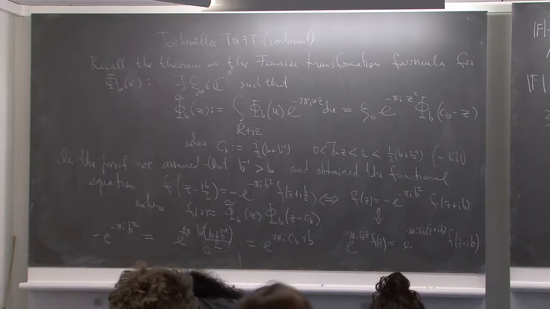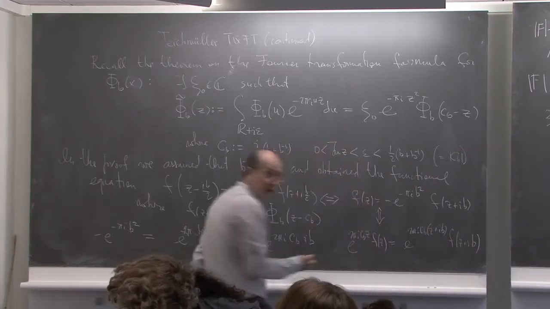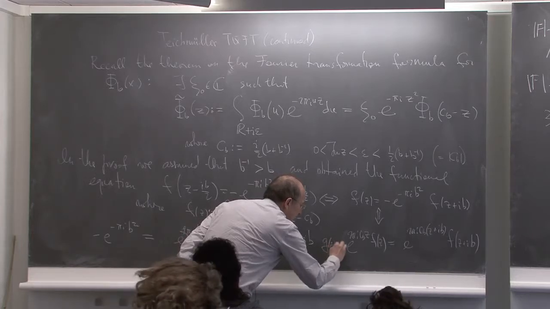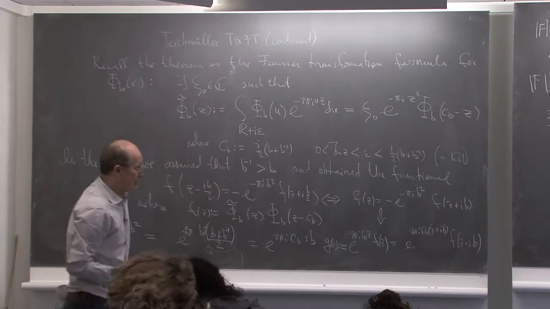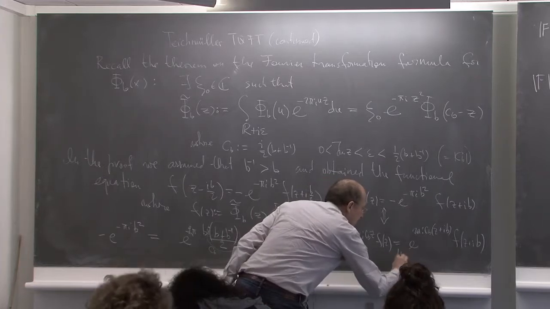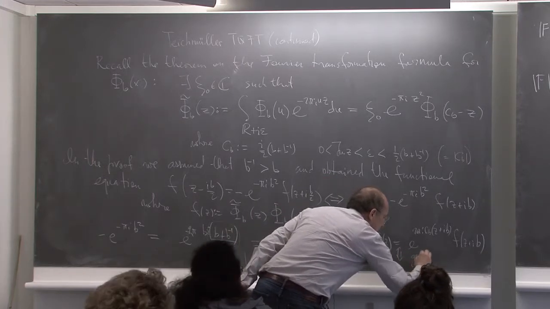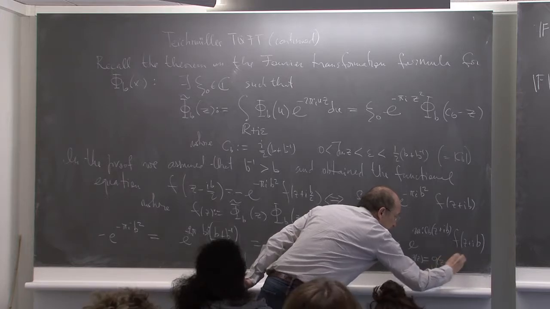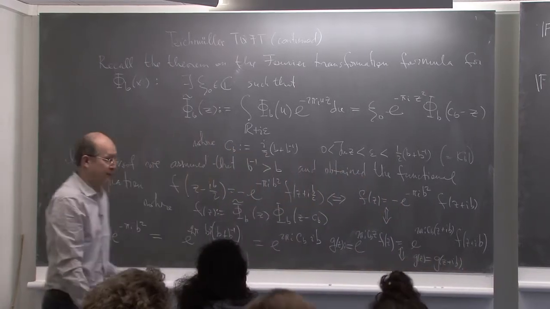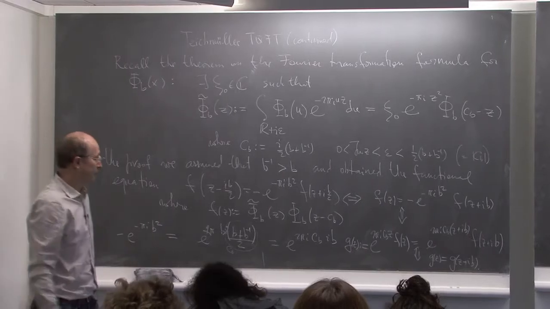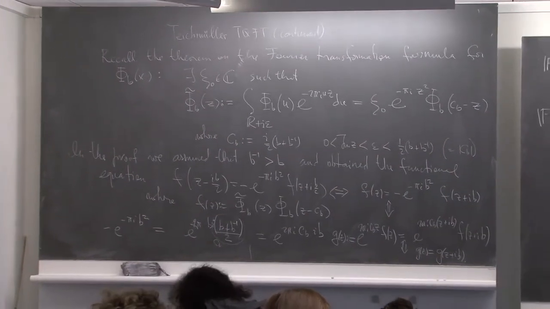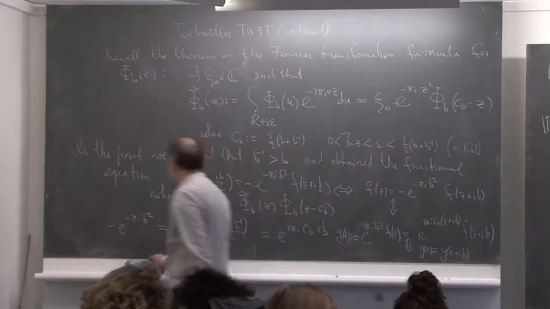And now you see what happened. So we managed to absorb the multiplicative factor. If we denote this g of z, then this equation is equivalent to g of z equals g of z plus ib. So it is an ib periodic function. And now what remains to do is to prove that g of z is a constant function.